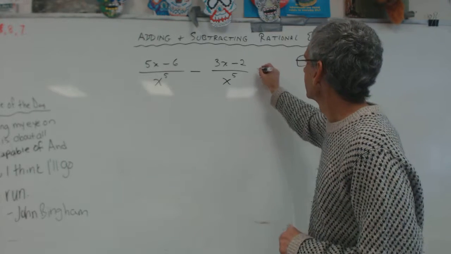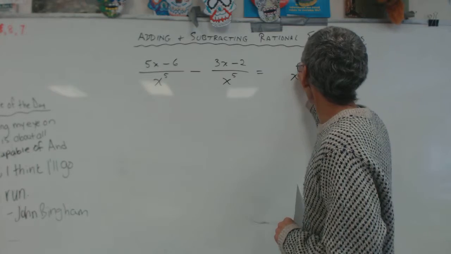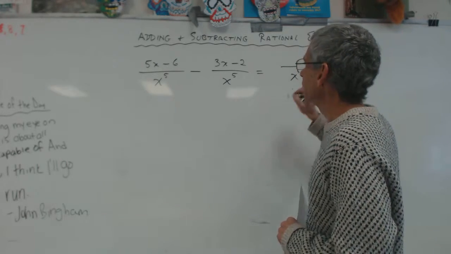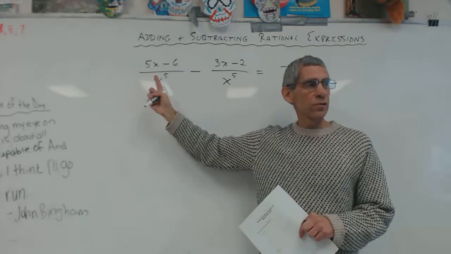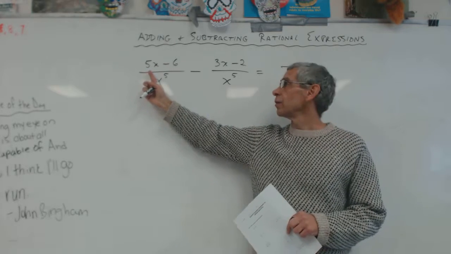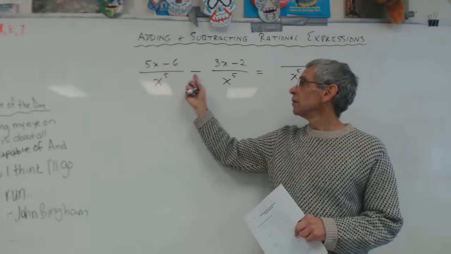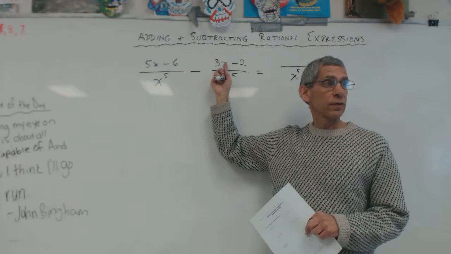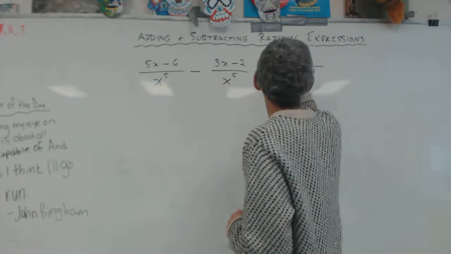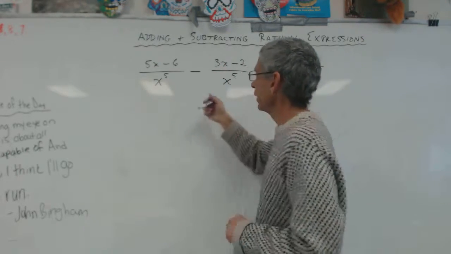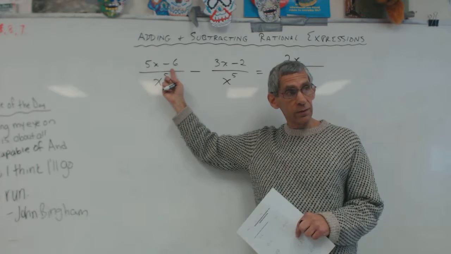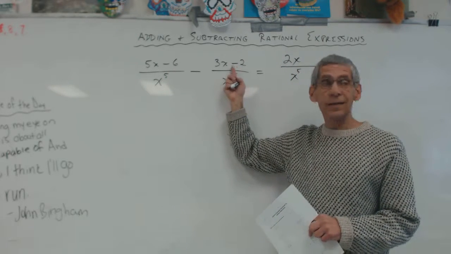Okay, so I know it's x to the fifth on the bottom. Upstairs, Naima, help me. 5x minus 3x, 2x. Okay, help me here. Negative 6 minus negative 4.